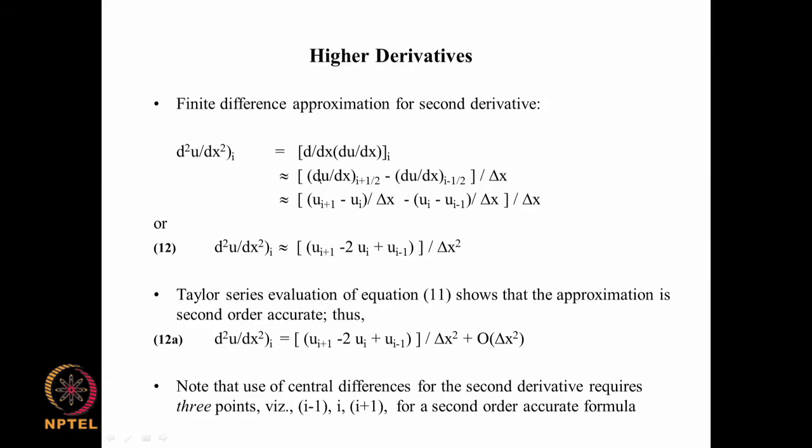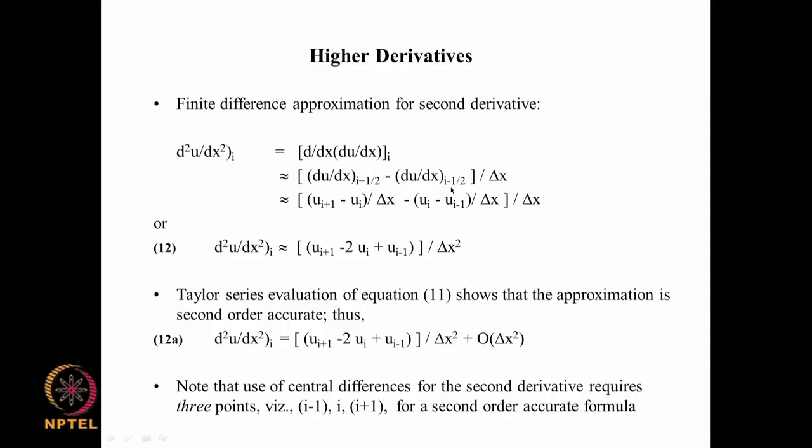Now this du by dx at i plus half, which is midway between i and i plus 1, can again be written in the form of central differencing involving values to the left of i plus half, which is ui, and to the right of i plus half, which is ui plus 1. So you can write this as ui plus 1 minus ui divided by the distance between i and i plus 1, which is delta x. So this whole thing is an approximation for du by dx at i plus half.